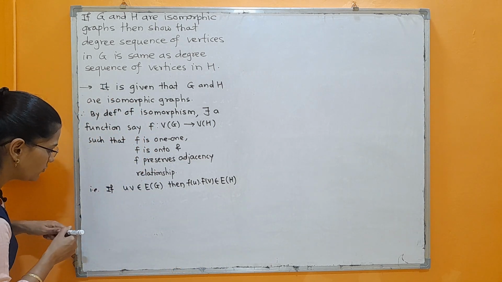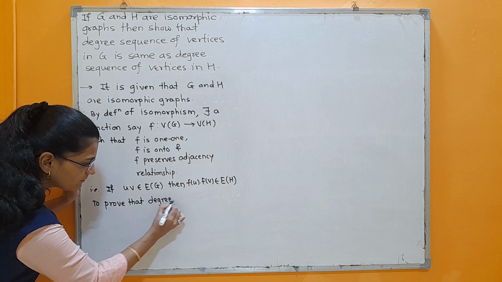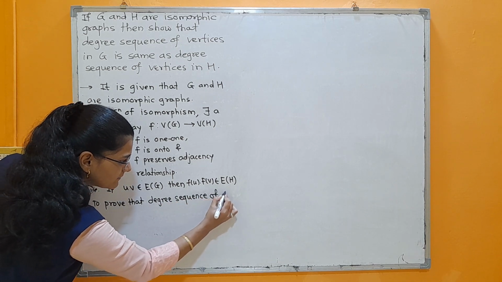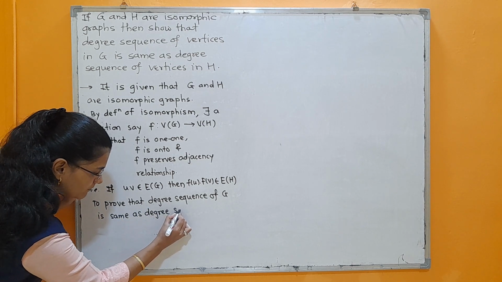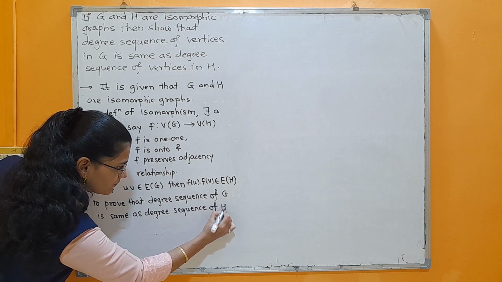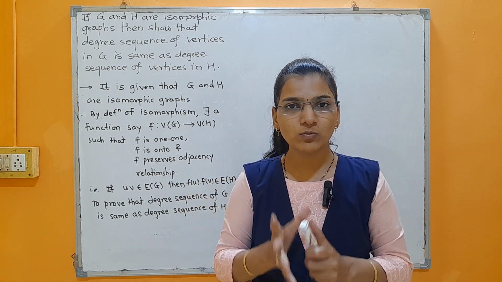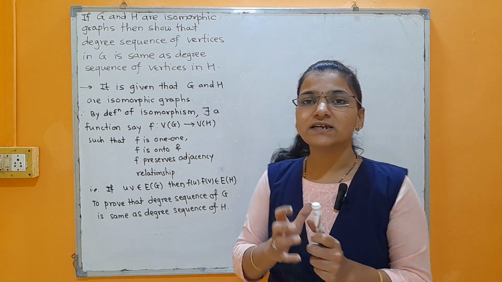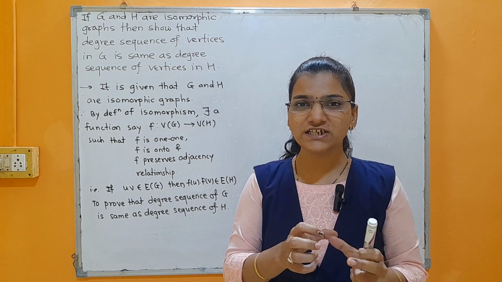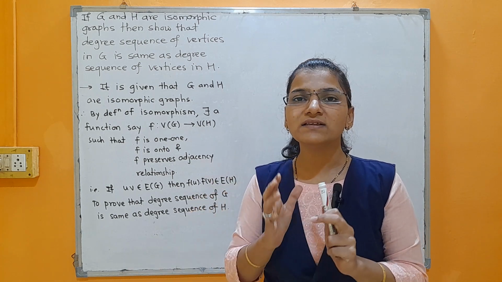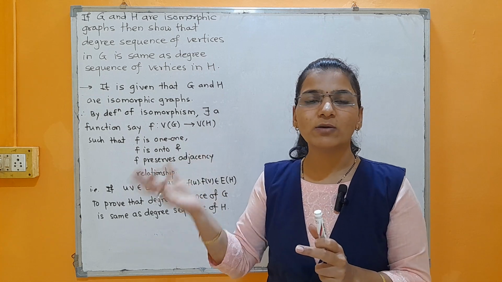So we want to prove that the degree sequence of G is the same as the degree sequence of H. Now instead of proving that the degree sequences of G and H are the same, we are going to prove that if we consider a vertex, say u, in graph G and its image v in graph H, the degree of u in G is the same as the degree of v in H. Then we can easily say that every vertex in graph G has the same degree as the degree of its image.